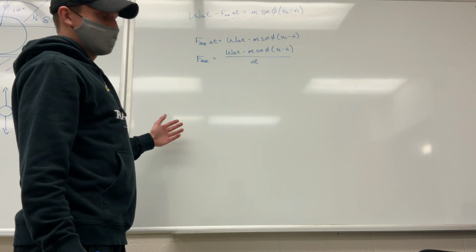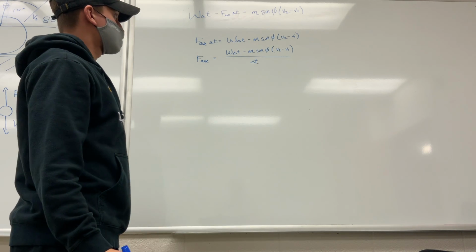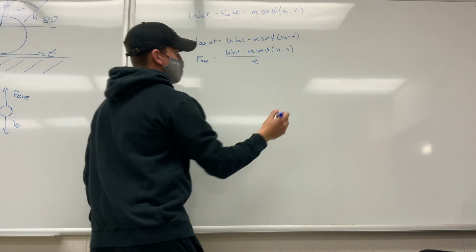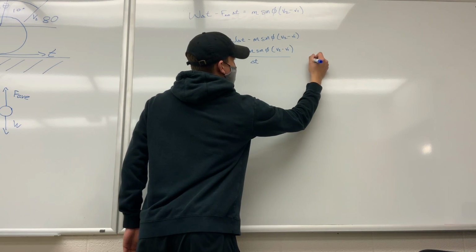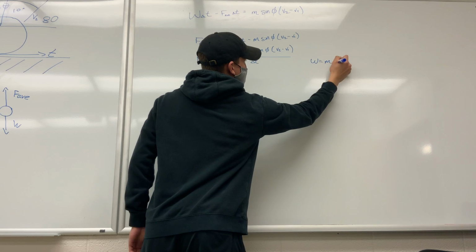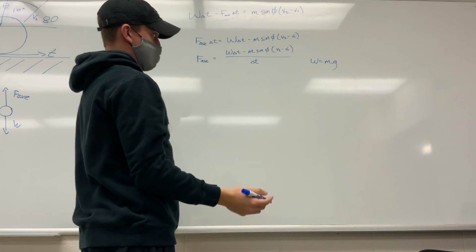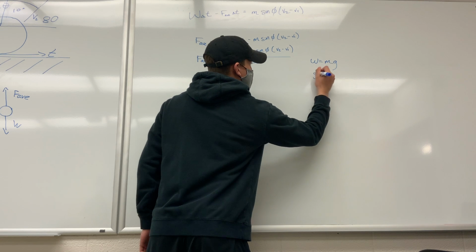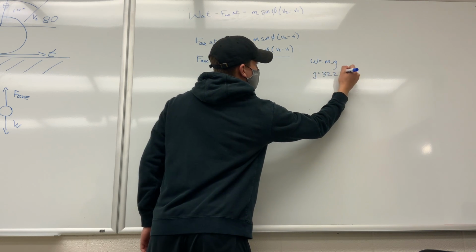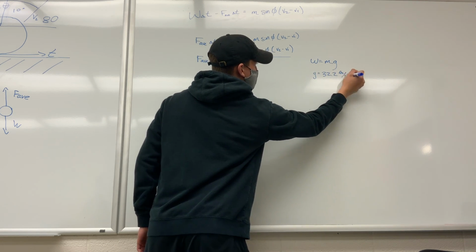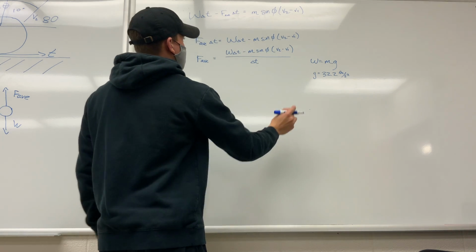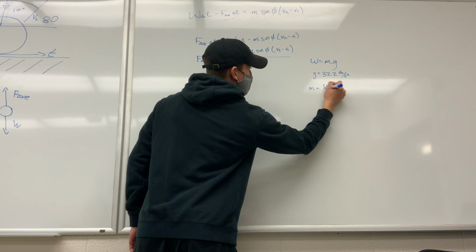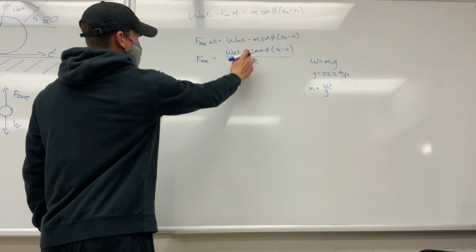Now, we have enough information to plug in and solve. You might be thinking we don't have the mass, but we know that weight equals mass times gravity. They gave us the weight, and we know that gravity is 32.2 feet per second squared. So we're going to substitute mass with weight over gravity into this equation.